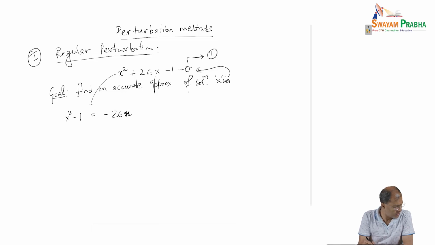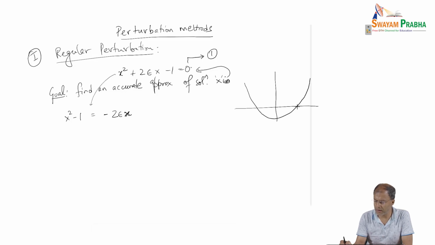So now we see that on the left hand side, we have a parabola. If we were to plot this parabola, we will see that the parabola cuts the x-axis at 2 points, -1 and +1.